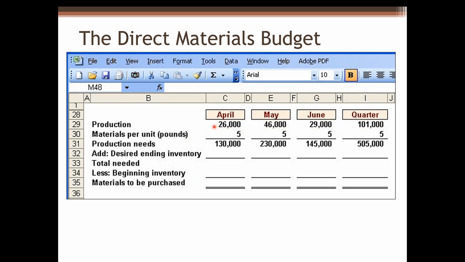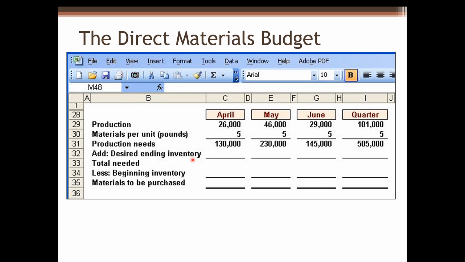Each unit requires 5 pounds of materials, so for each month we multiply the required production in units by 5 pounds to get materials needs in pounds. So 26,000 multiplied by 5 gives 130,000. This is the material required in pounds to produce 26,000 units.